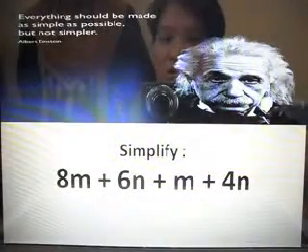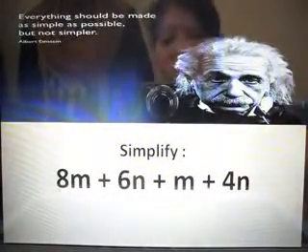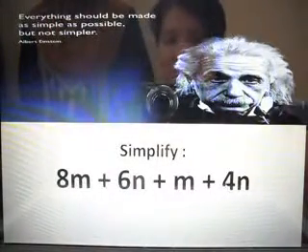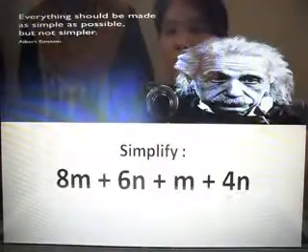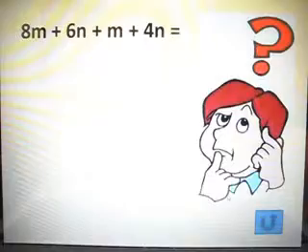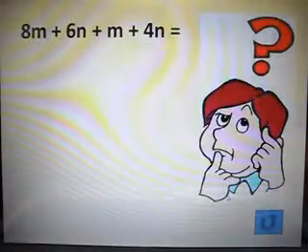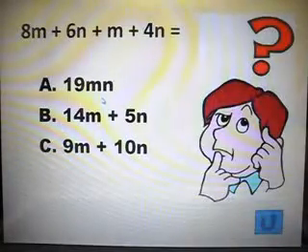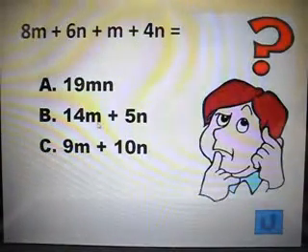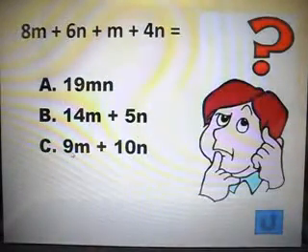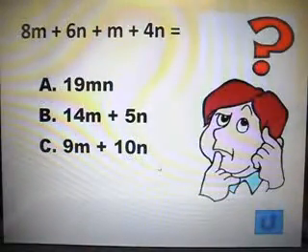Okay, let's look at another example now. If you have 8m plus m plus 6n plus 4n, what will your answer be? Let's have a guess here. We have 3 answer options here. We have A, 19mn, B, 14m plus 5n, C, 9m plus 10n.